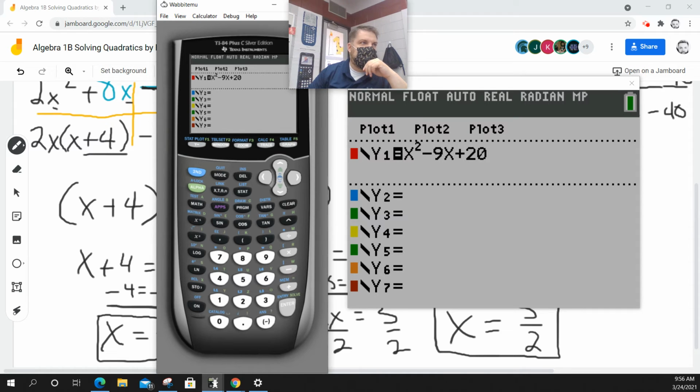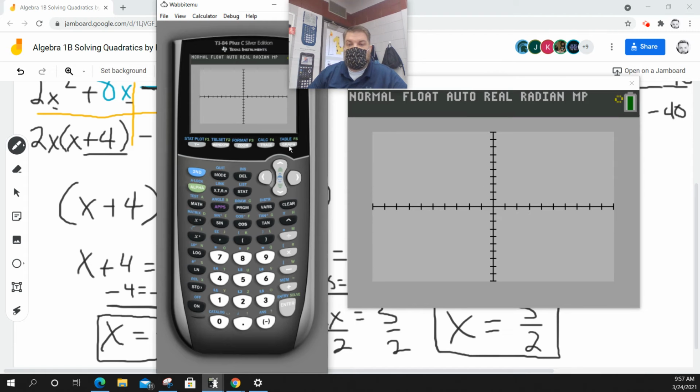And my original equation was 2x squared plus 3x minus 20. I'm going to graph it.